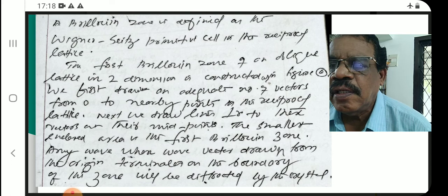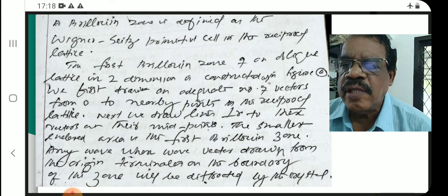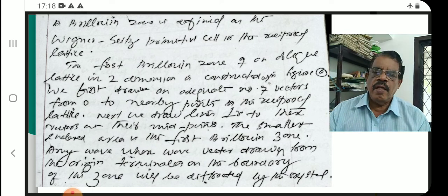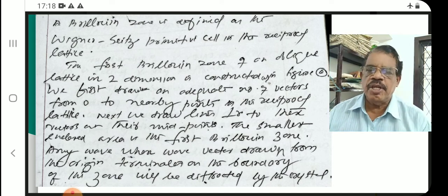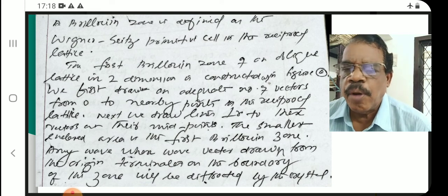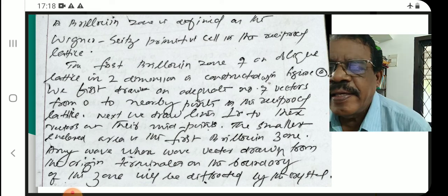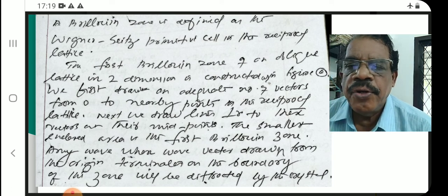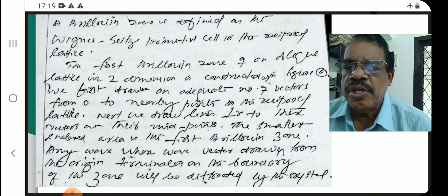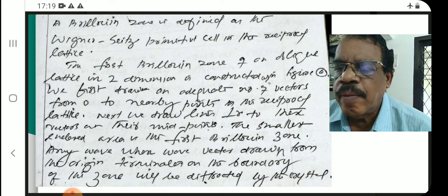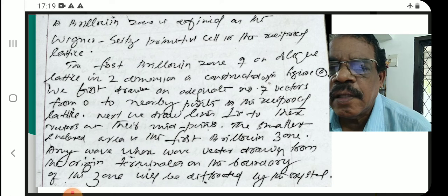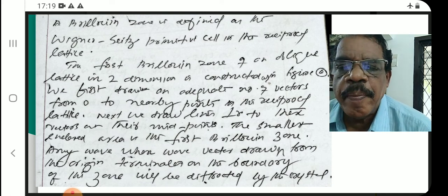The smallest enclosed area is the first Brillouin zone. When we draw this way we get an enclosed area, the smallest enclosed area, which is called the first Brillouin zone. Any wave whose wave vector drawn from the origin terminates on the boundary of the zone will be diffracted by the crystal.